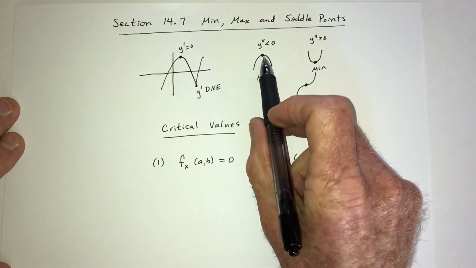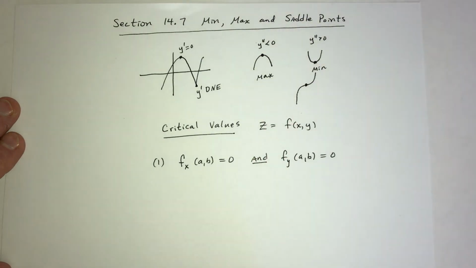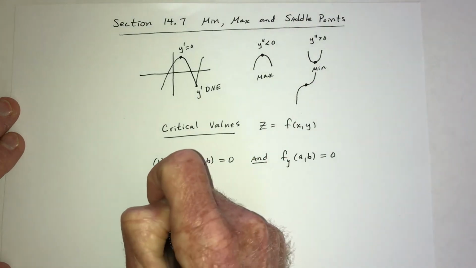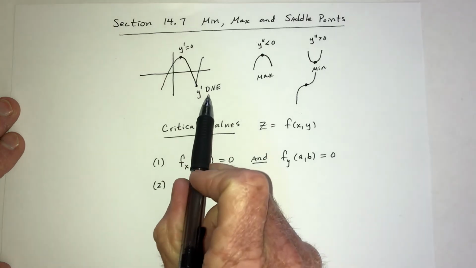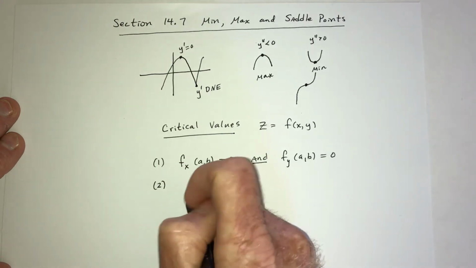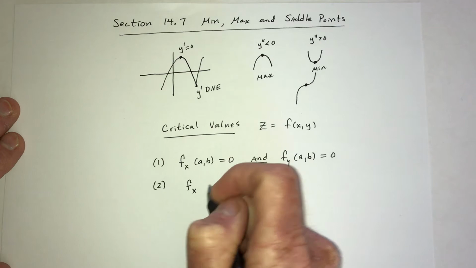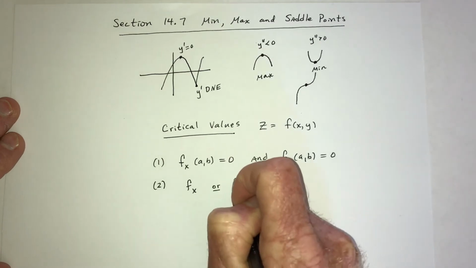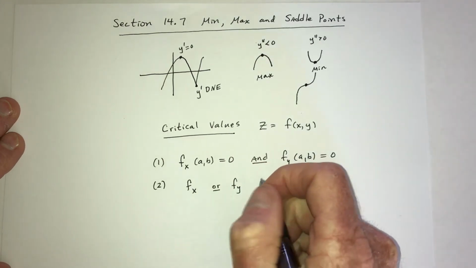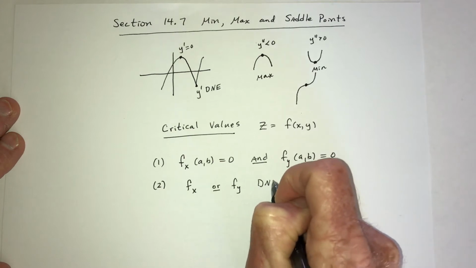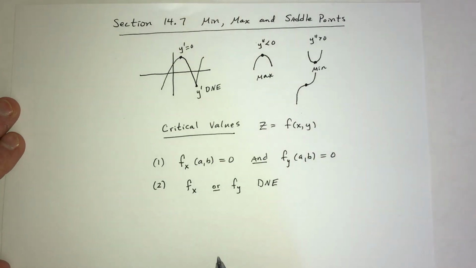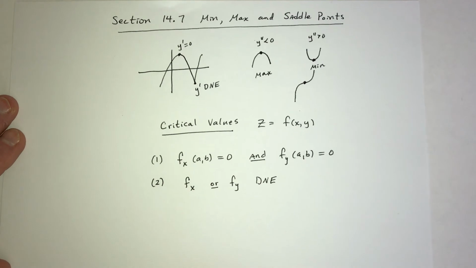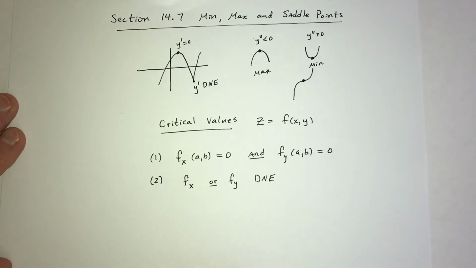Then we'll need to figure out, is it a minimum, a maximum, or a saddle point? A second possibility is like this right here: if either of the first derivatives does not exist, like you've got division by 0 or it's somehow undefined, then that's going to be a critical value as well.